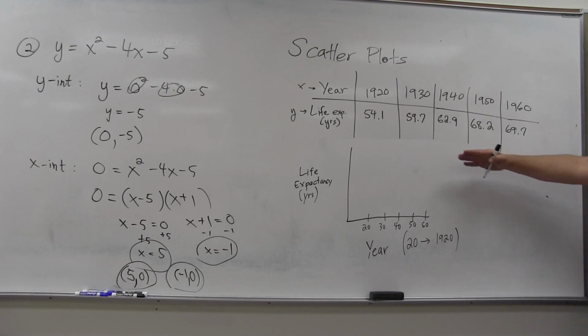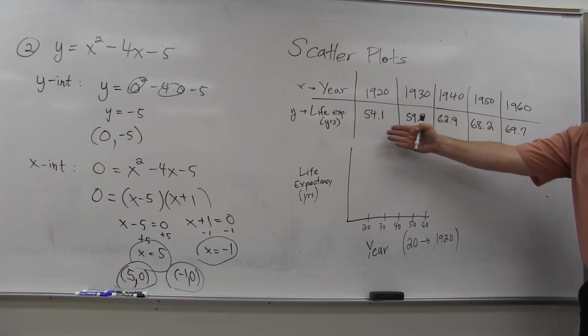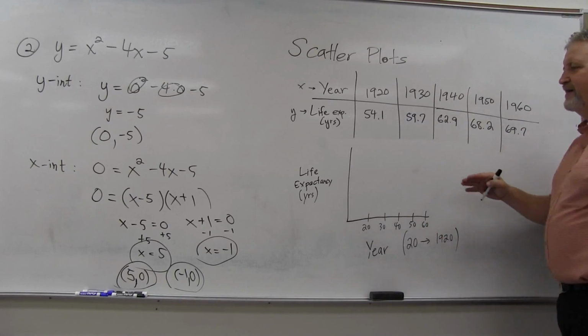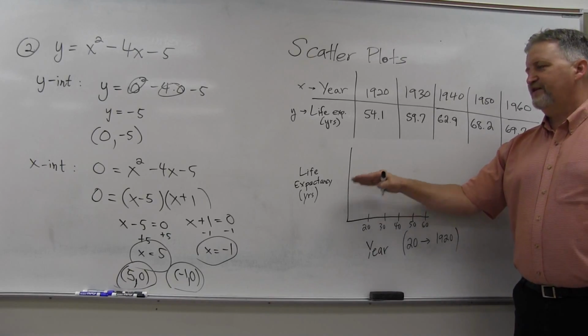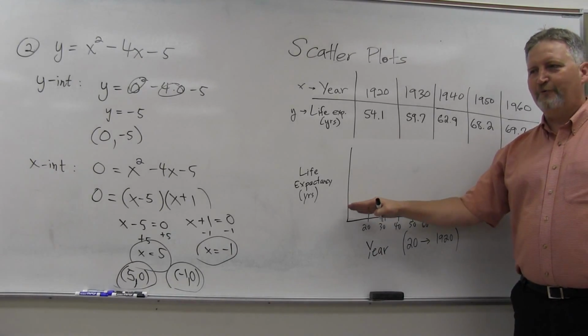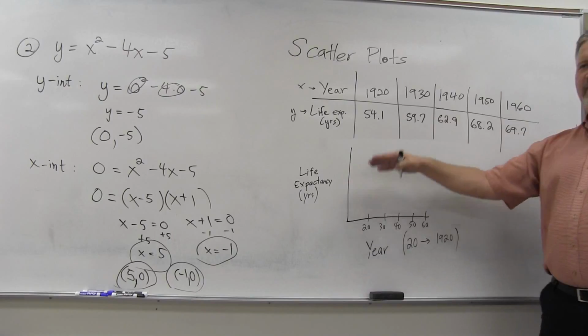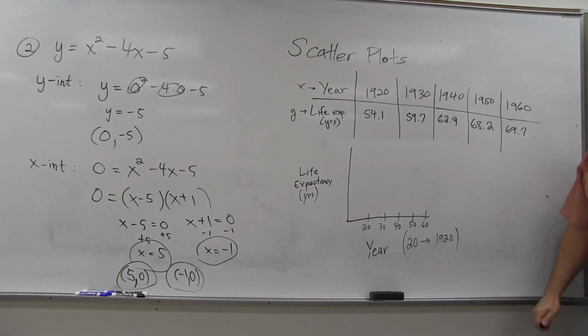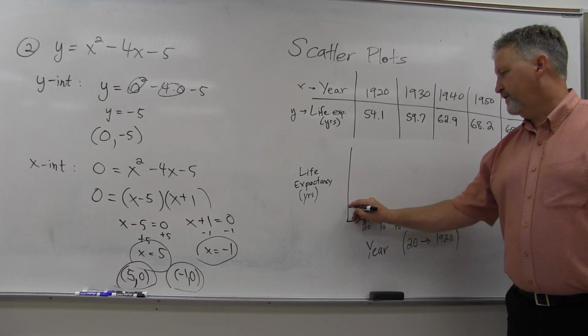Now over here, they're large numbers, but they're kind of packed together, so I probably don't want to mark off a scale of 1 starting at 1, because I would have to go 54 to 70 almost. So let's make a little adjustment and start over here at 50.